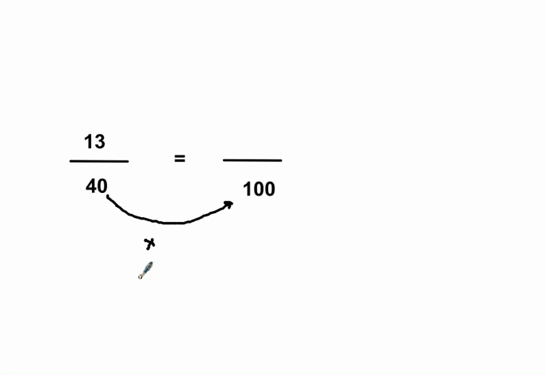So it's kind of right between there. One way to figure that out is we can think about fact families. If we know 40 times some number is 100, then 100 divided by some number would equal 40. And that would also mean that 100 divided by 40 would equal some number.